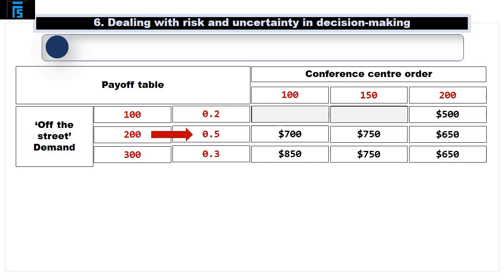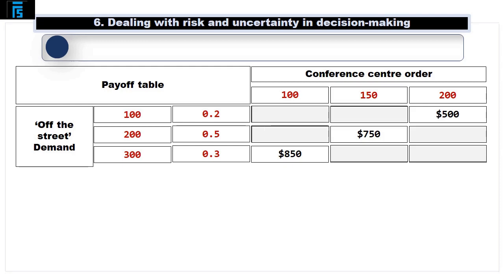There is a 0.5 chance that off-the-street demand will be 200, in which case he would then agree to supply 150 sandwiches, earning him a contribution of $750. There's a 0.3 chance that off-the-street demand will be 300, in which case he would then agree to supply 100 sandwiches, earning him a contribution of $850.